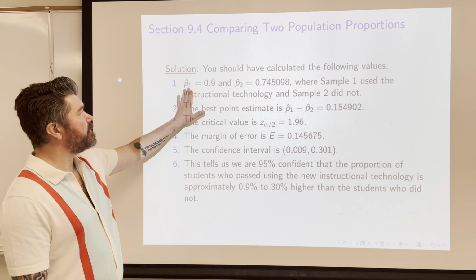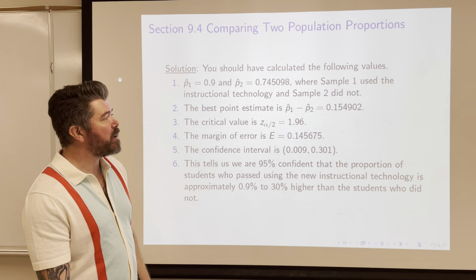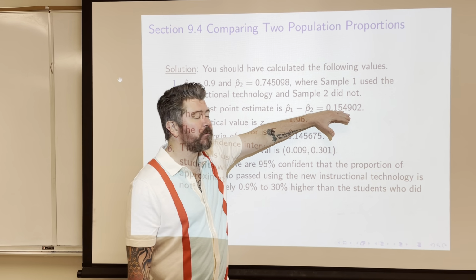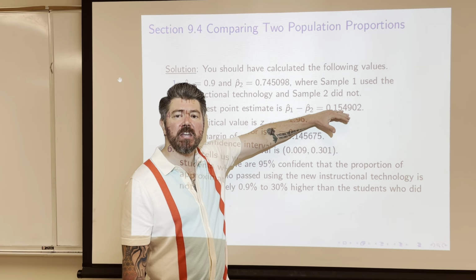And then p hat 2, 38 over 51, gives us 0.745098. We should also see that our point estimate is the difference, p hat 1 minus p hat 2. When we subtract, we get 0.154902. We're going to use this number at the end of the problem.